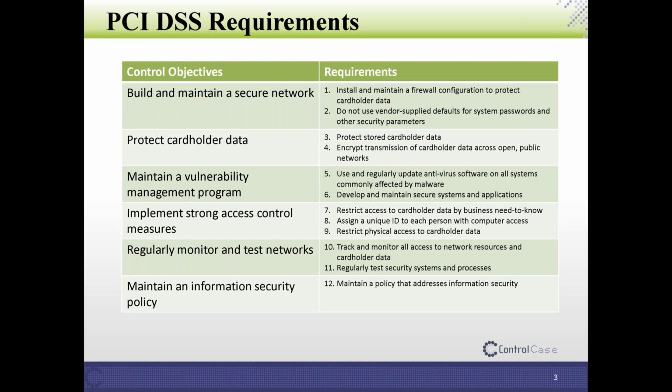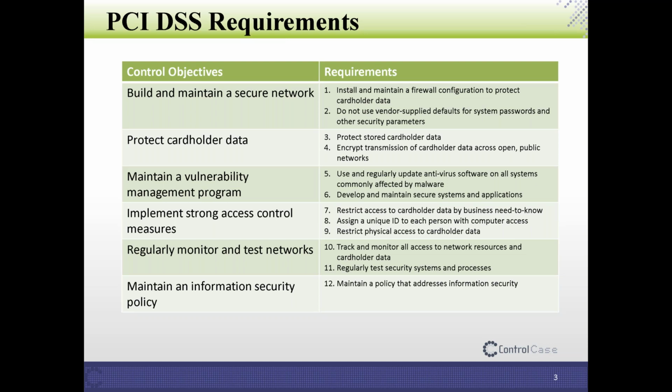Number 4 is implementing strong access control measures. This would be both logical as well as physical security access control measures, and would include things like usernames and passwords, but also physical security controls such as badge readers, cameras, and so forth.